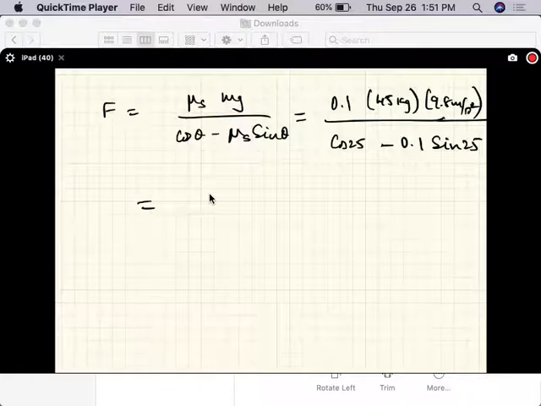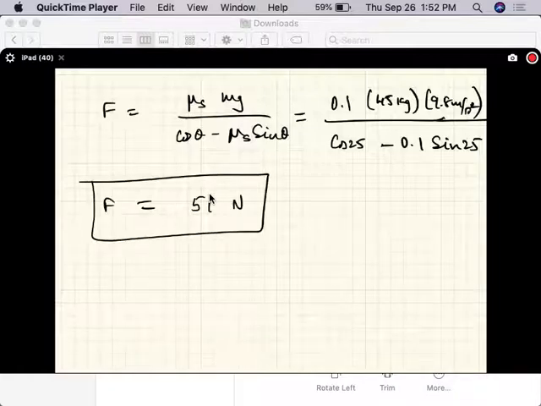So the force you need to get it moving is this. It's 51 newtons. Okay, so a force of 51 newtons will get the block started.